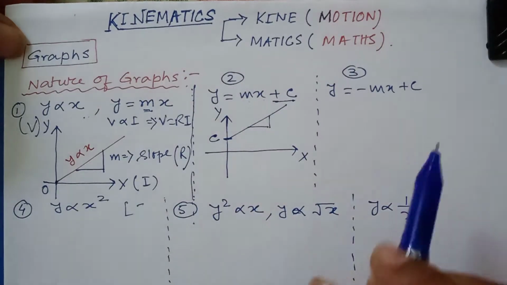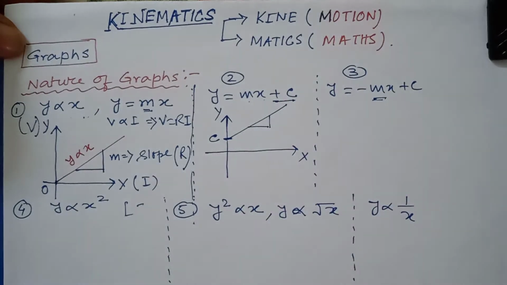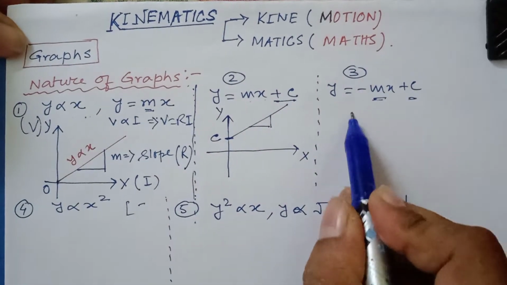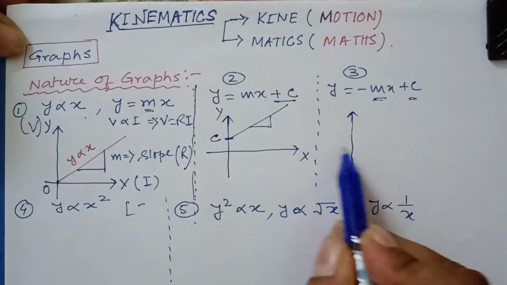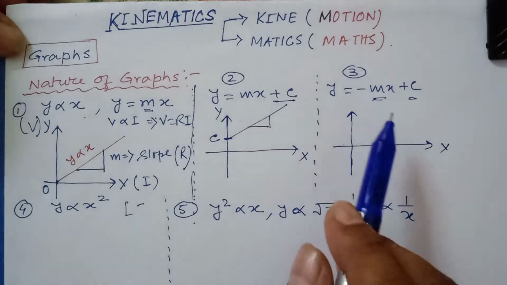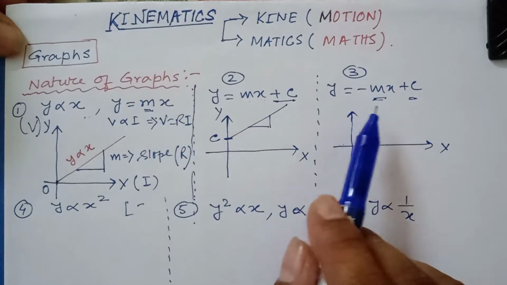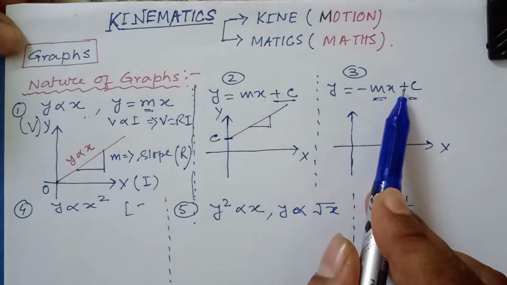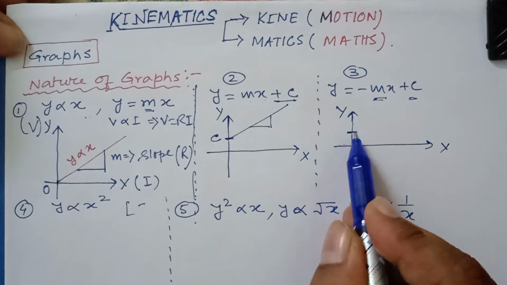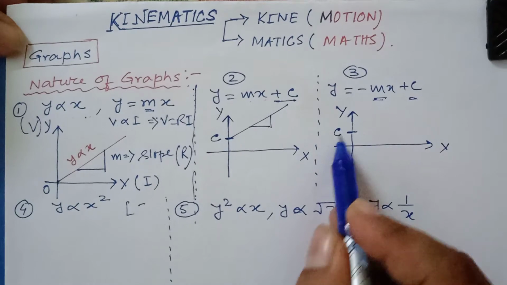Now you tell me, if there is a negative slope, minus mx, and then plus c. So this is the y axis and this is the x axis. So you have to draw minus mx. Slope is negative, but here is plus c. So this is plus c along y, right?